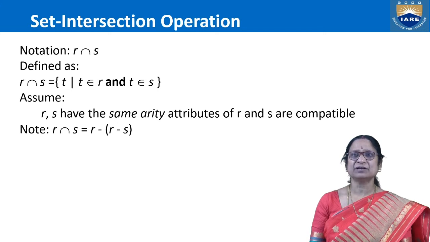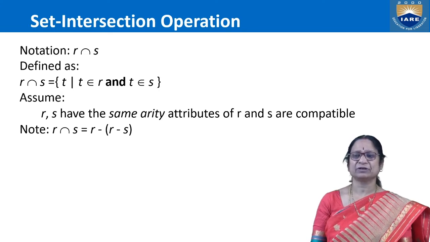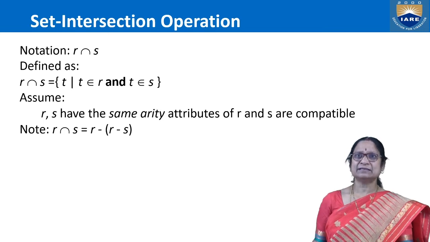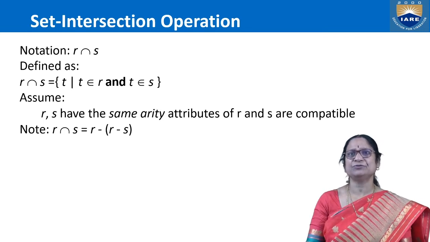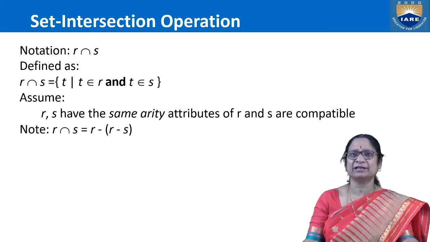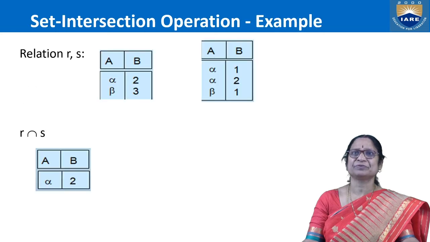That is, the tuples which are in R and not in S are removed from R. That means automatically the tuples which exist in both relations are listed. So the set intersection operation can be represented by using the basic relational algebra operator set difference. That's why we consider this a derived operator.